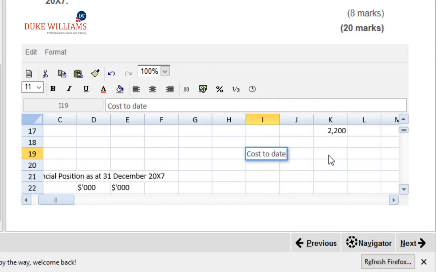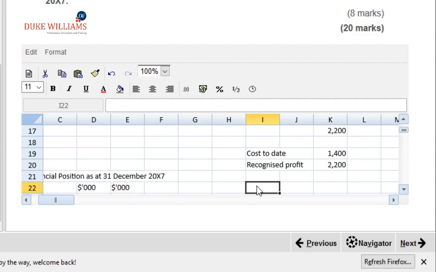So cost to date, we know is 1,400. Then our recognized profit, and we have that as above, which is this.